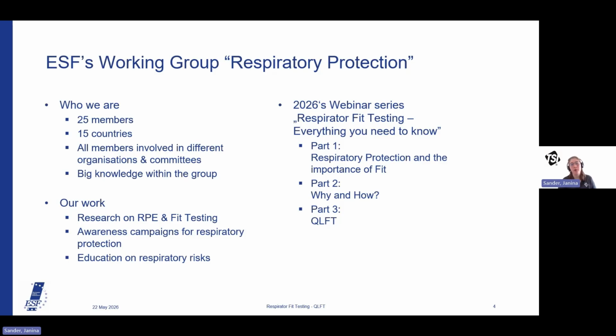We are a working group within ESF consisting of 25 members from 15 different countries, and all members are involved in different organizations and committees. So we already have quite big knowledge within our group on respiratory protection, and our work focuses on research on RPE and fit testing, as well as awareness campaigns for respiratory protection.